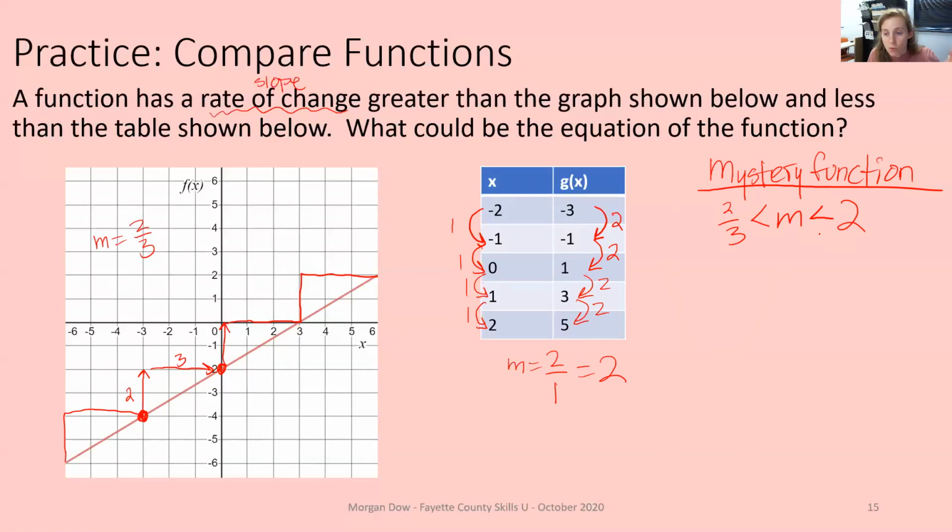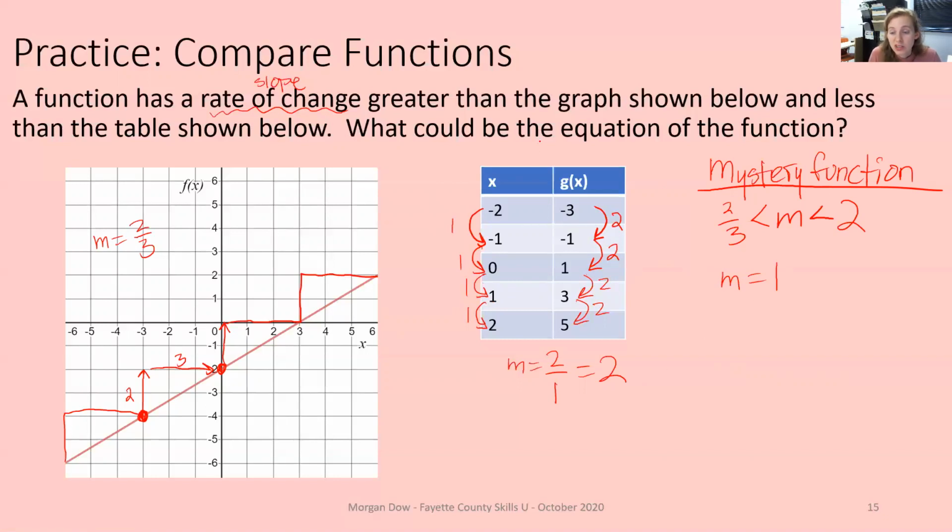So what is a number that's more than 2/3 and less than 2? Well, there's infinitely many numbers that fit that description, but let's keep it simple. Let's choose 1, right? 1 is more than 2/3, but it's less than 2. So I'm going to choose a slope of 1.